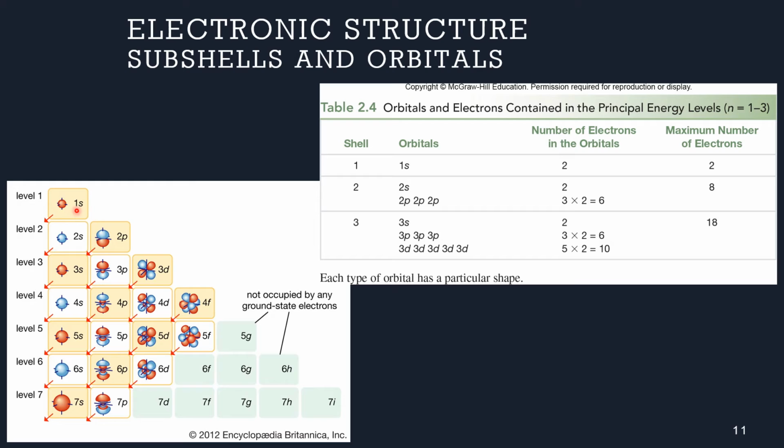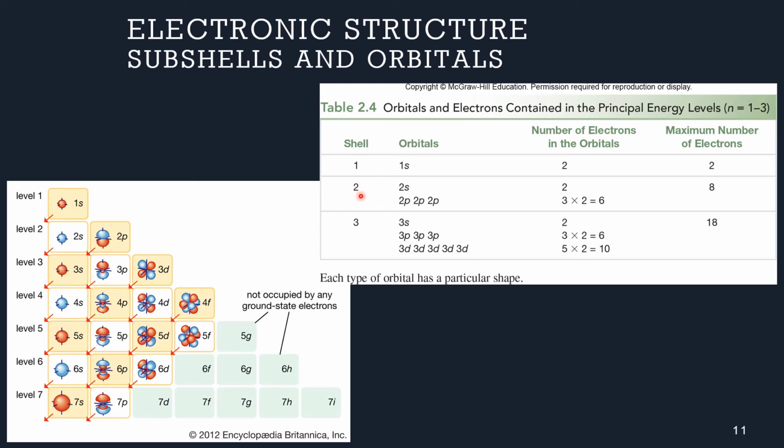So this 1s is shell number 1, subshell S. Okay, and so in shell number 1, subshell S, you can have 2 electrons because it's an S shell. So it only has 1 orbital, so it only has 2 electrons. So the maximum number of electrons that you can find in the first shell is 2.